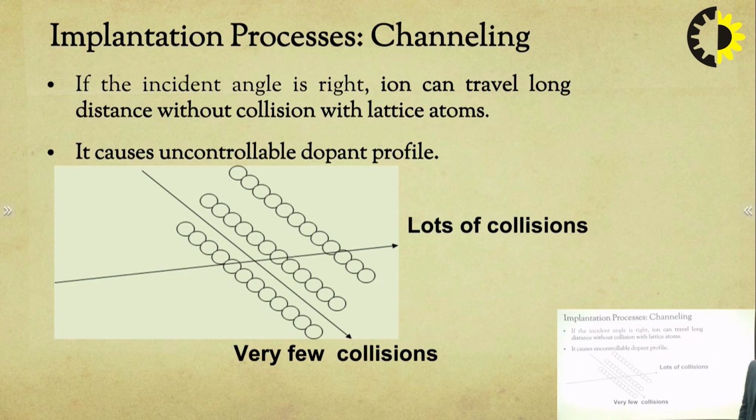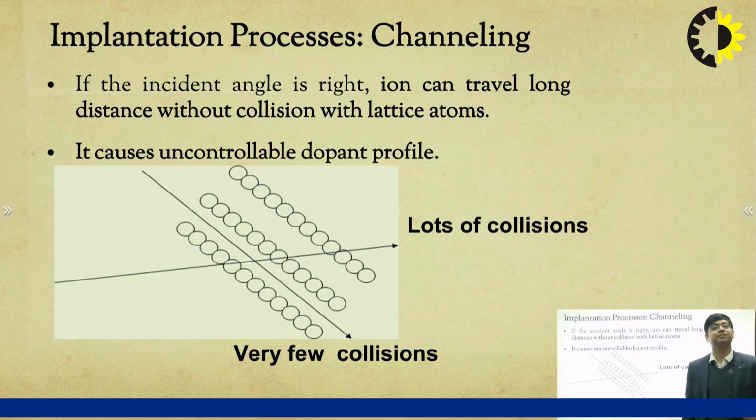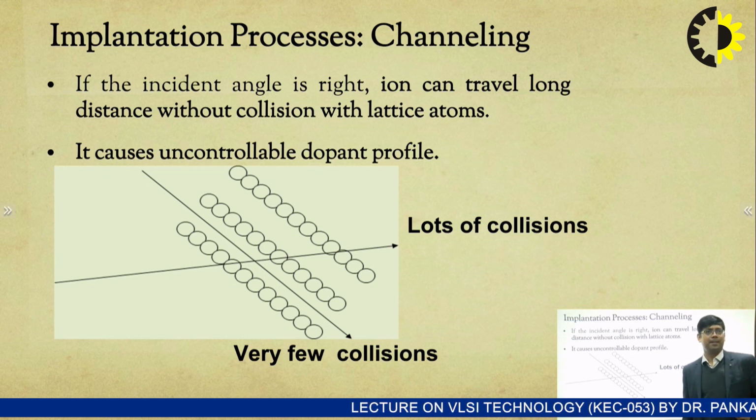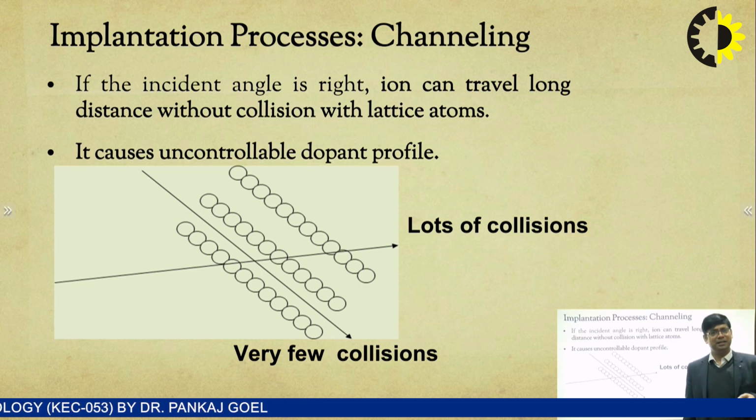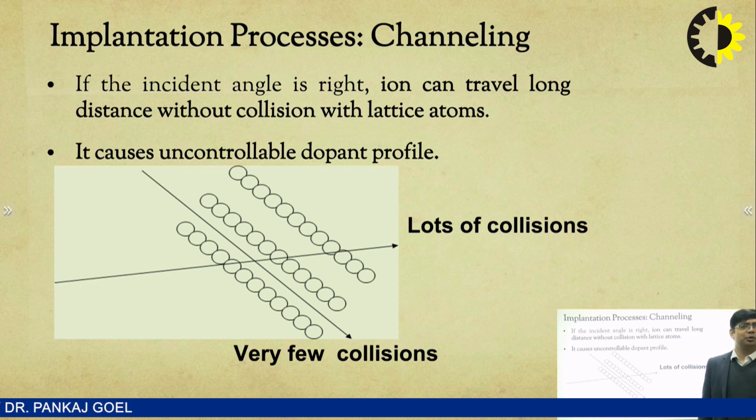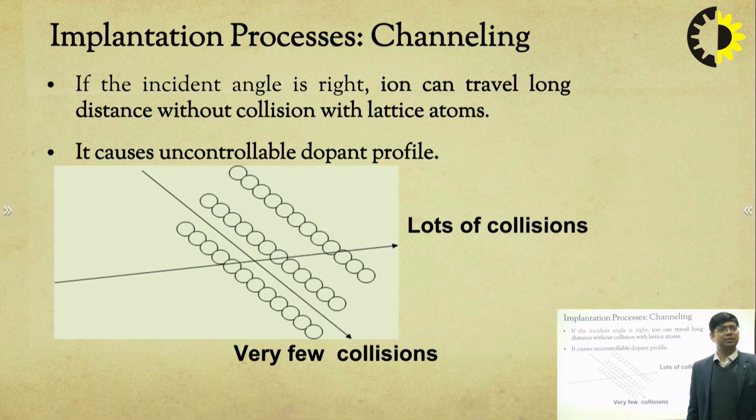Now, another very important topic related to ion implantation is channeling. As we know, in ion implantation, high energy dopant ions are bombarded on the wafer, and depending on the angle or direction of bombardment, it may happen that certain dopant ions do not encounter any silicon atoms in their path, and they just travel through the complete wafer, as we can see here.